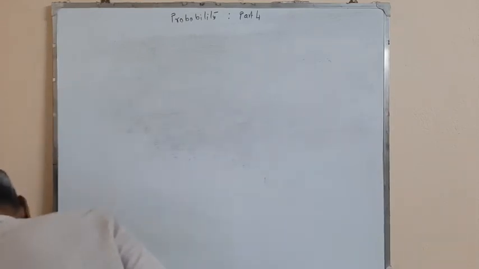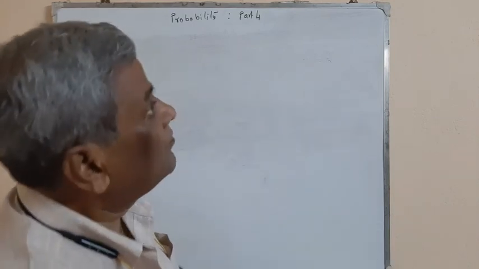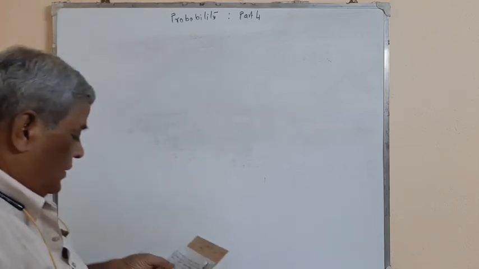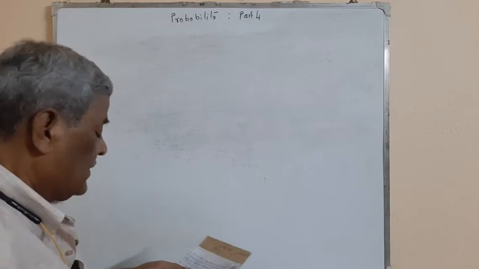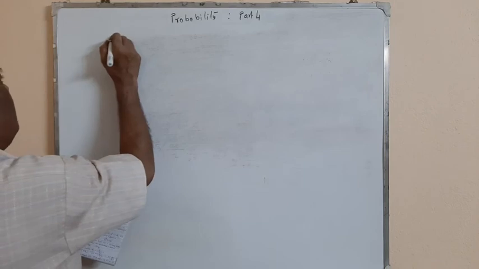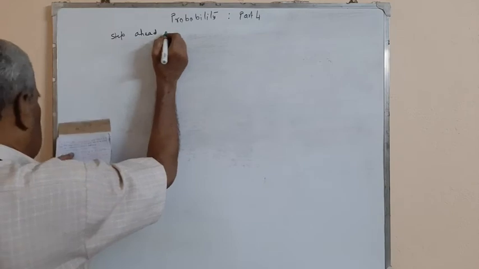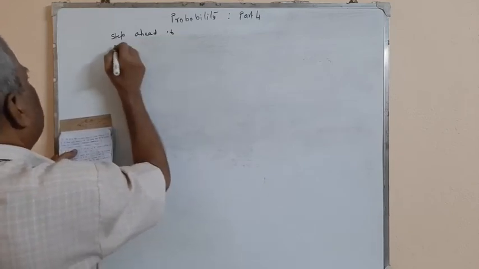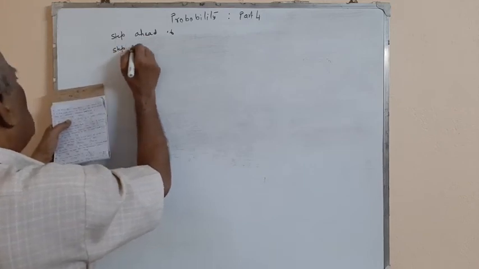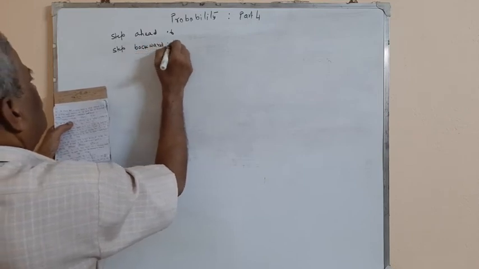So let us take the next problem. The probability that a man takes a step ahead is 0.6 and a step backward is 0.4.